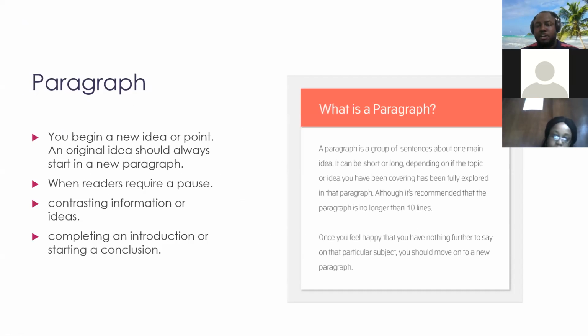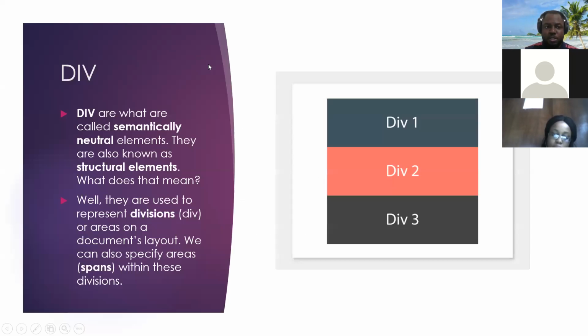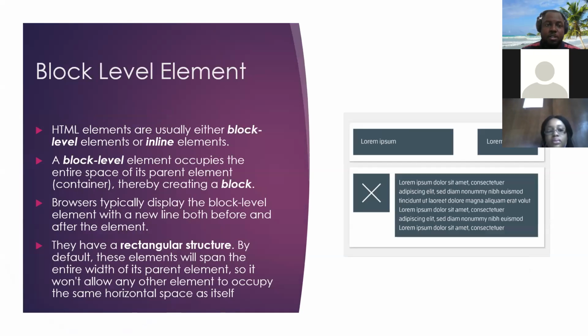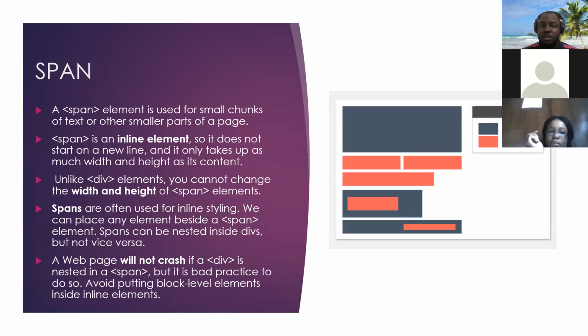We talked about paragraphs, why and how you should use them. We also looked at divs that we use to divide segments of the body of your page. Then we talked about block level elements, inline elements, and span and how to use them.